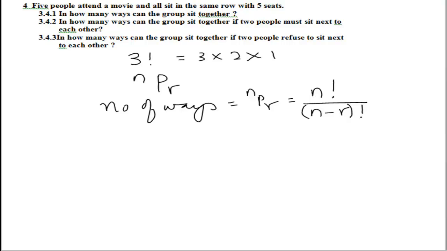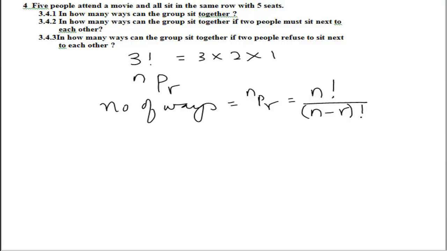Now, if you take the case of 12 runners and determine how many ways the runners can finish in first, second and third place, you will find that in first place any one of 12 runners can finish. Any one of 11 runners can finish second, any one of 10 runners can finish third.